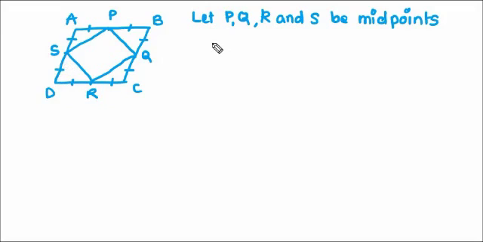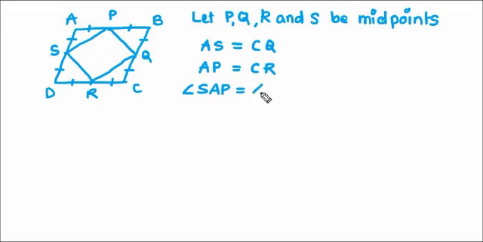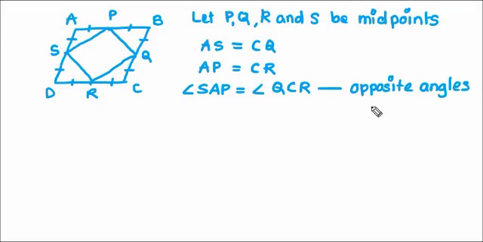Now let's talk about it. The opposite angles of a rhombus. So now we know that triangle SAP is congruent with triangle QCR.